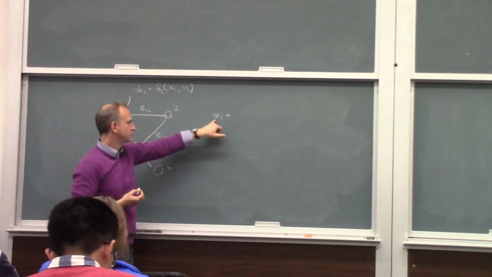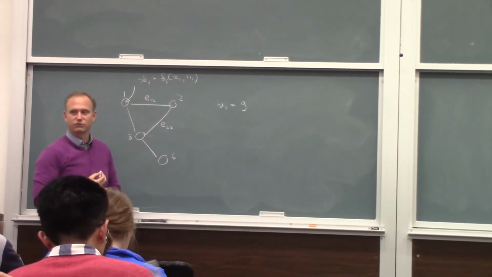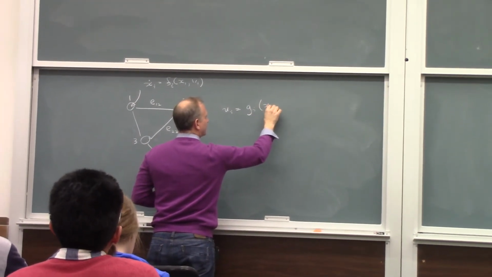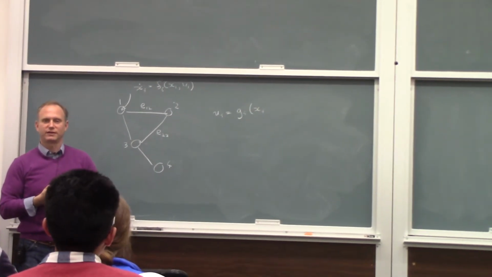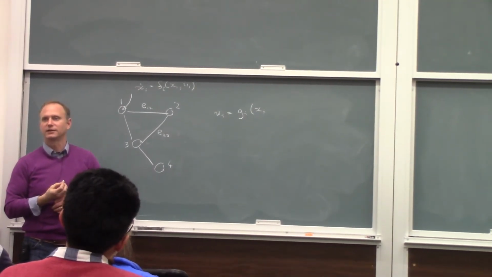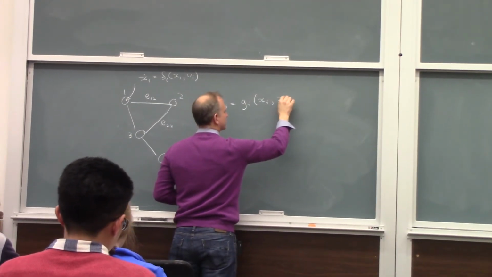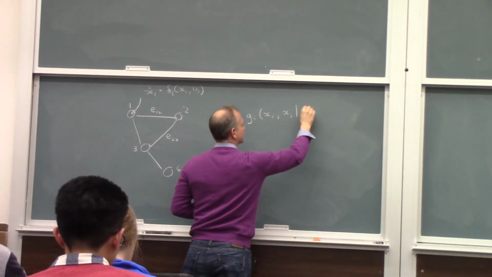So oftentimes we think of ui as defining some feedback controller, say g sub i, and that g sub i is usually a function of the state of the robot itself, xi, and the states of its neighbors, where we're going to use notation like this.